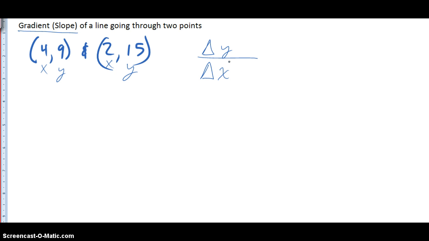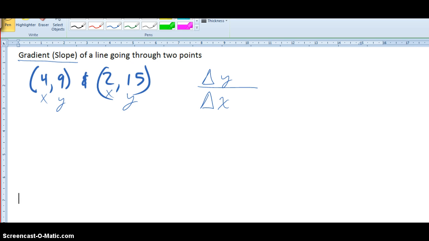So what we're going to be doing is figuring out the change in the y's, in this case the change between 9 and 15. So it's going to be 9 minus 15. It's the change in y, the distance between 9 and 15.